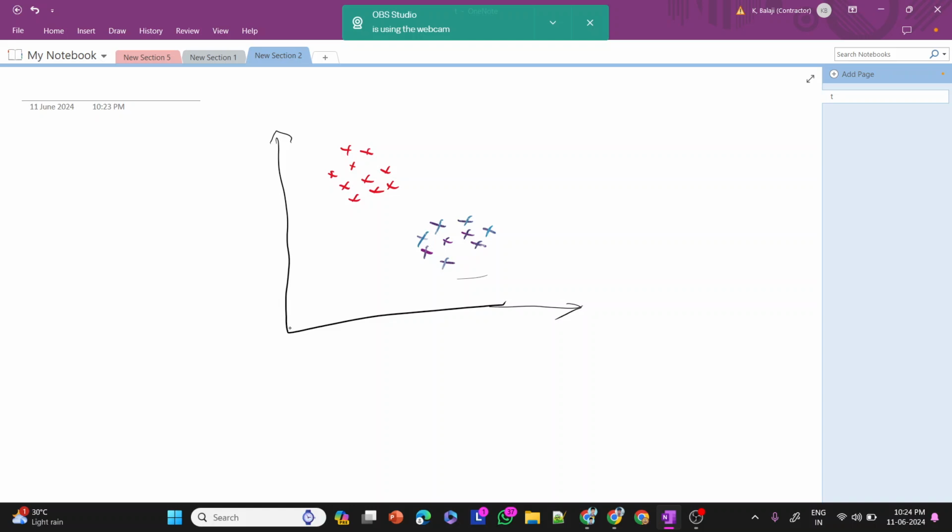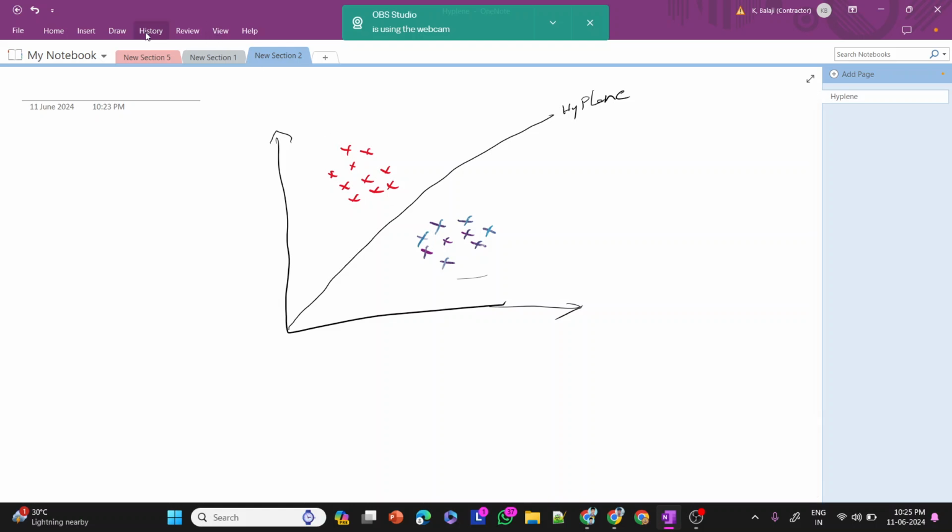Normally this hyperplane is a straight line. This hyperplane will separate these two groups, and this line is called the hyperplane that separates the two kinds of groups.